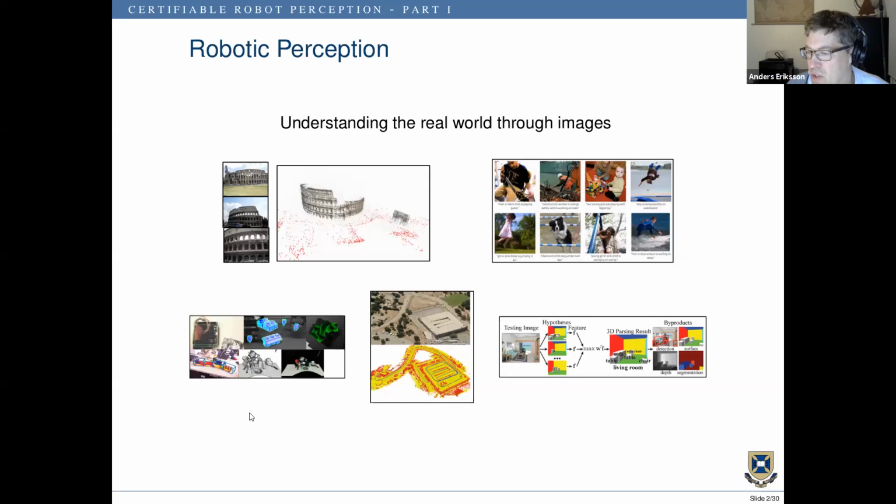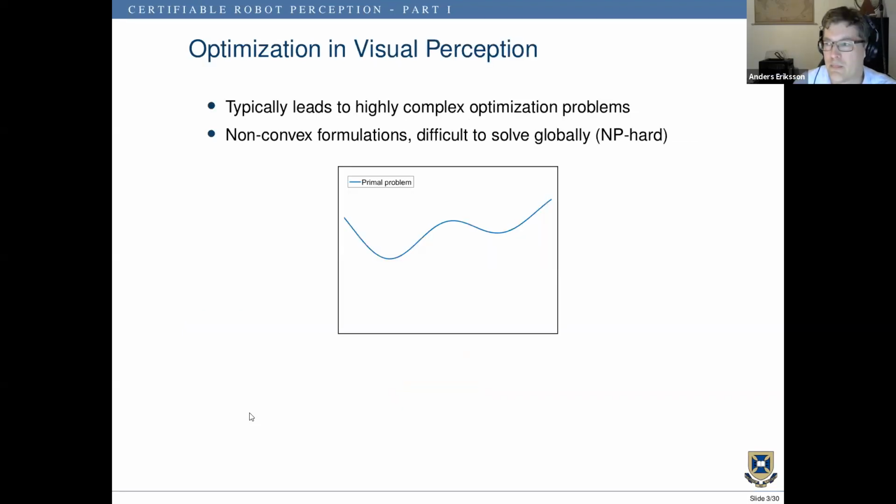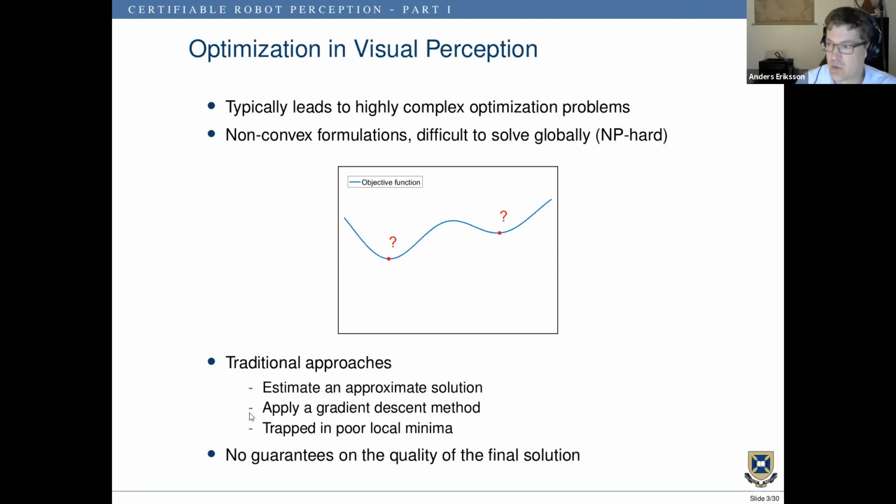The pose estimation problem might be formulated as minimizing some form of model fitting error, geometric errors in the SLAM example, for instance, and so on. And what is also common is that in a majority of these applications, this resulting optimization problem is highly complex. Non-convex formulations typically, that are very difficult to solve globally.